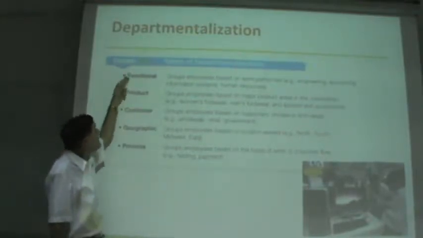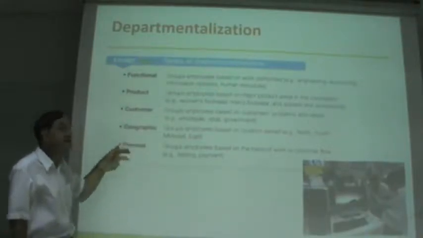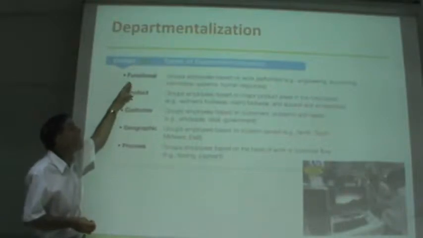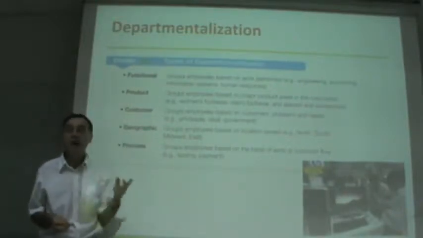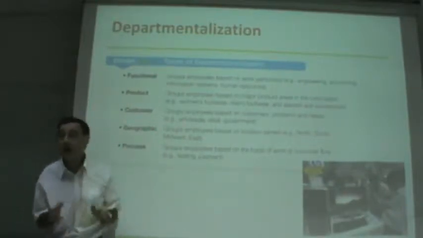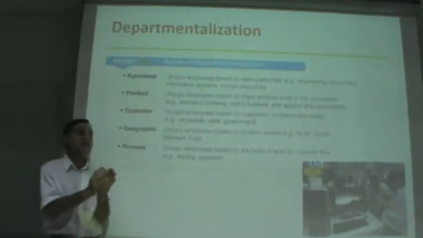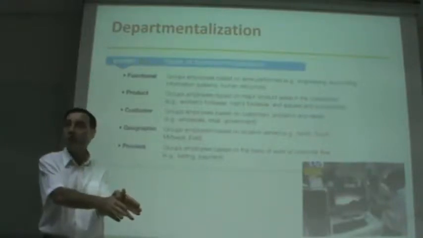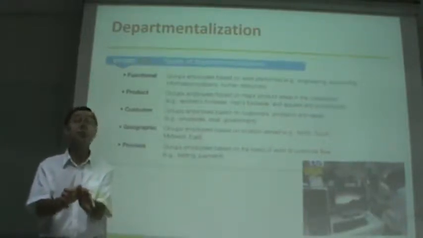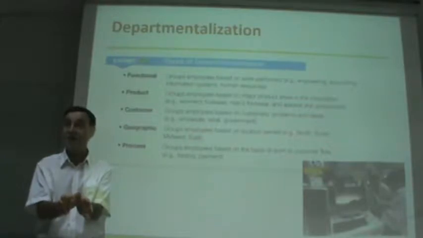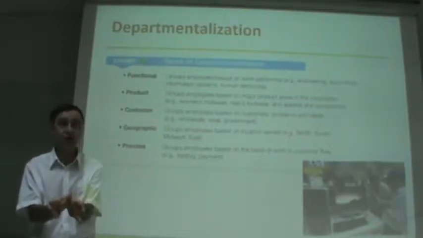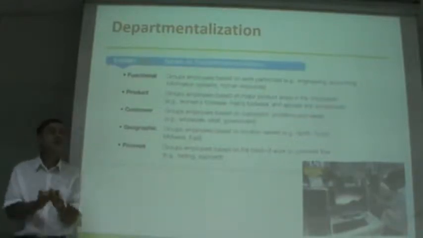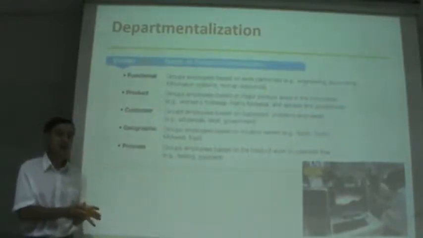You have 5 different ways that you can divide departments. You can divide departments by function. By function means that you're going to have a separate finance department, a separate accounting department, a separate production department, sometimes called manufacturing department, a separate sales department, and a separate purchasing department.